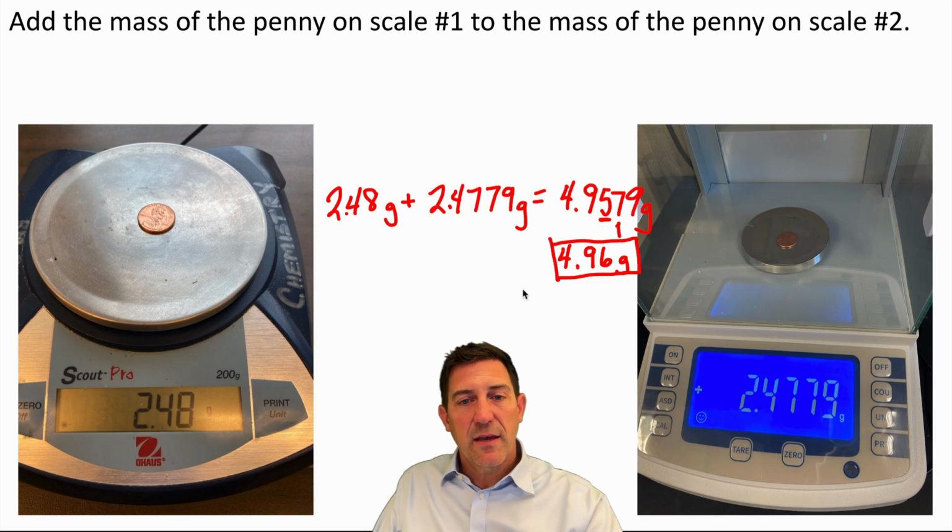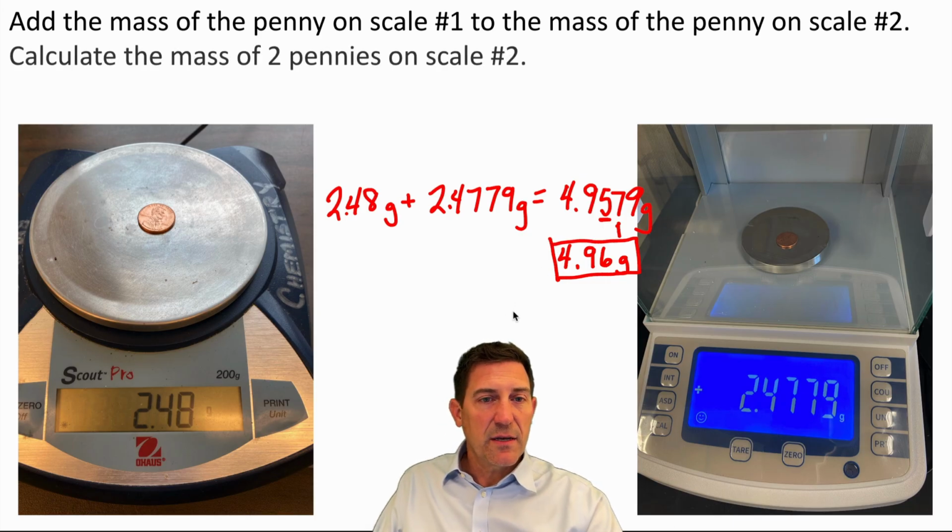Now here's the thing. Let's try something. We're going to calculate the mass of the 2 pennies using this value over here, because this is more precise. This will show you why the values that we use to get our answer determine how precise our answer is going to be.